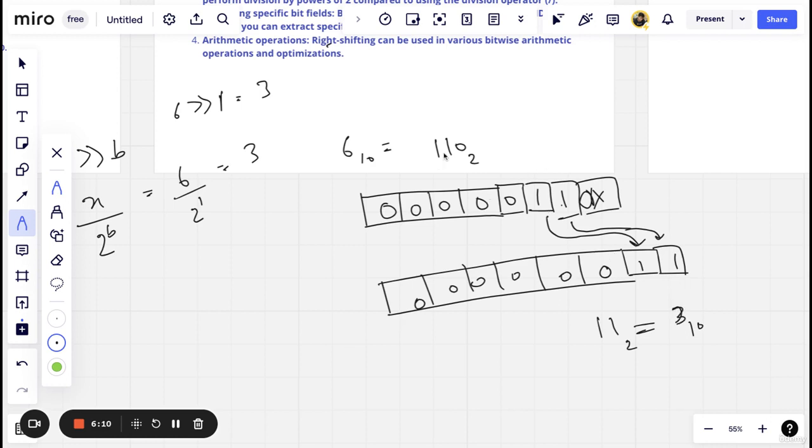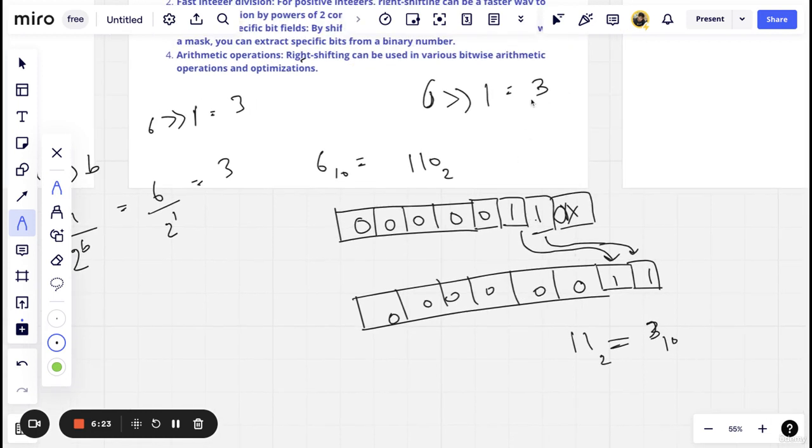So without even doing this calculation, I told you, right, that when you do a right shift of 6 by 1, you get 3. I easily told you without doing this operation, because I know that when I do a right shift by b, the answer is A divided by 2 raised to the power of b. So right shift operation is simply dividing by 2.